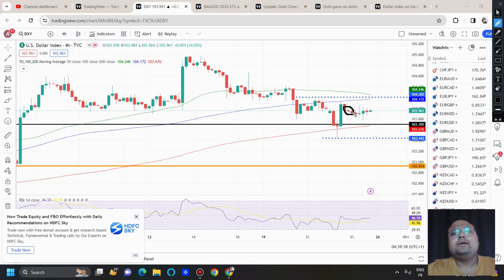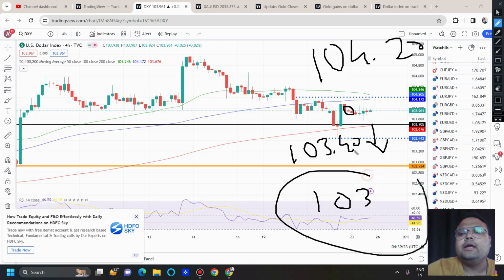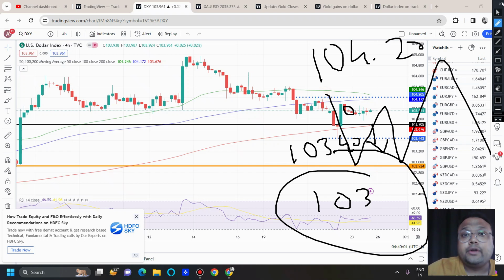Yesterday we discussed that if the dollar really wants to continue the upside, it will have to cross 104.20, and if it breaks 103.40, then it will be heading towards the next support of 103, and the dollar index or DXY will no longer be in an uptrend and it will just be a sideways market, or it may continue the downtrend also.